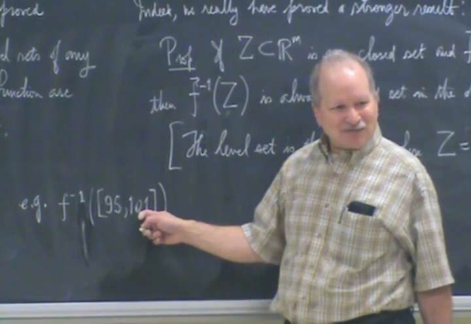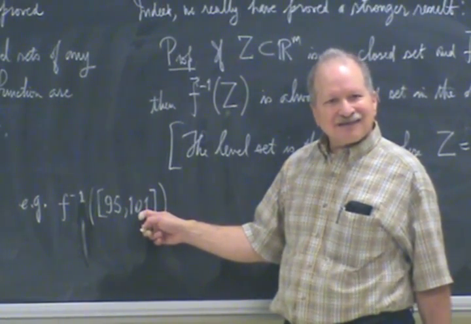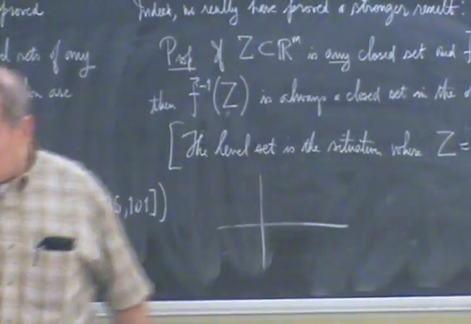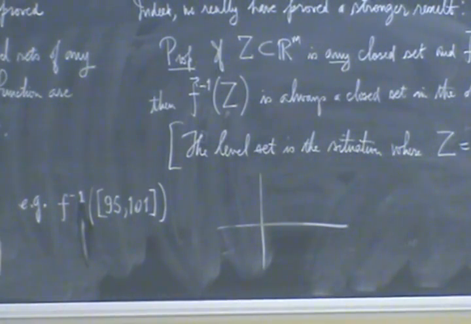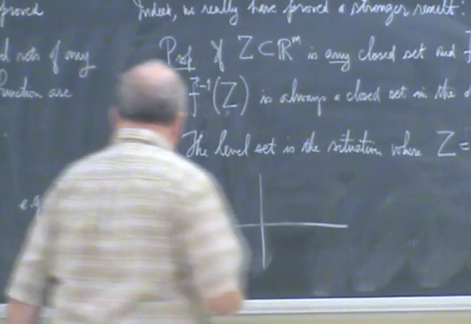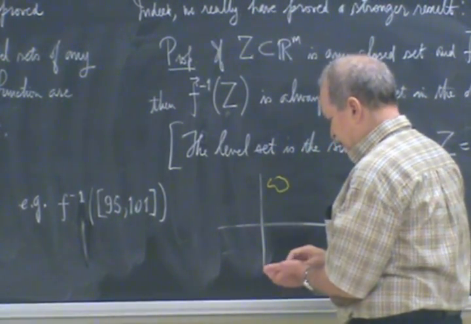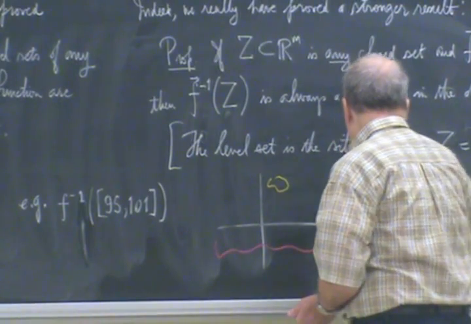That's going to be a closed set of points. So you could imagine looking on your map and trying to sketch in level curves. Here's where it's 101. Here's where it's 95.